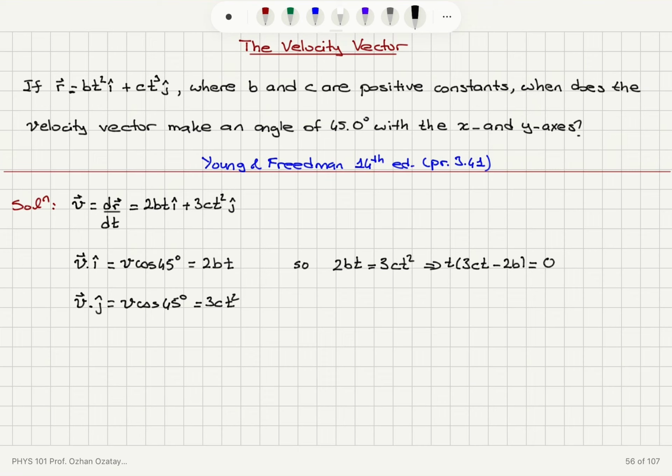And that has two solutions, obviously. t is equal to 0, or when the time t is equal to 2b divided by 3c.